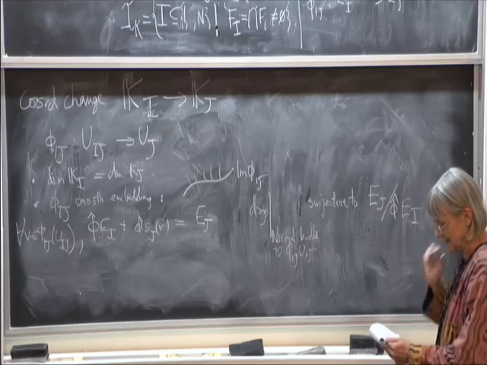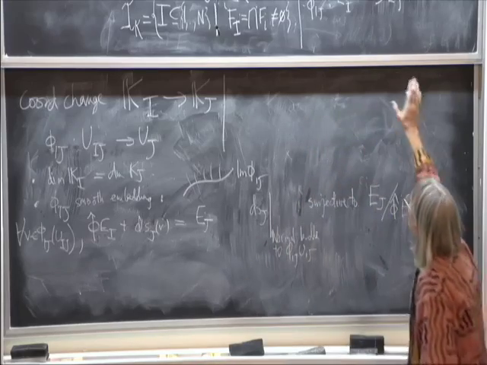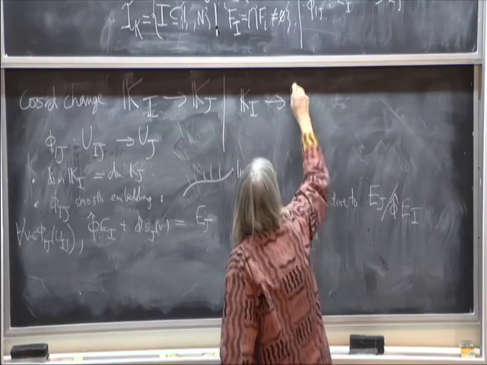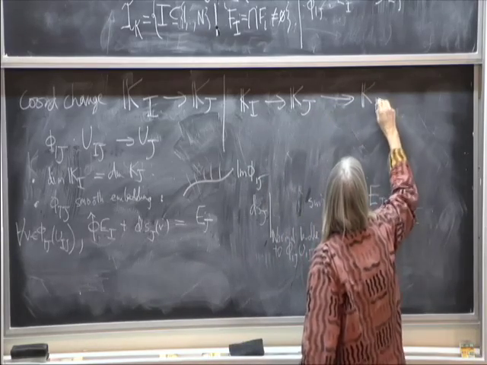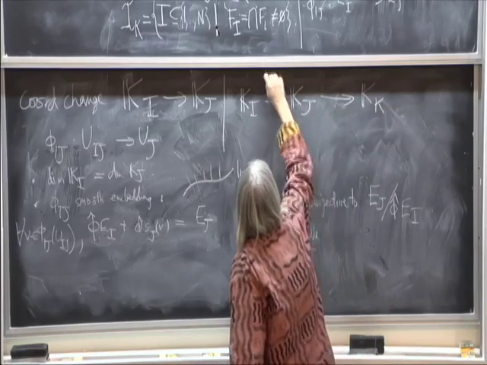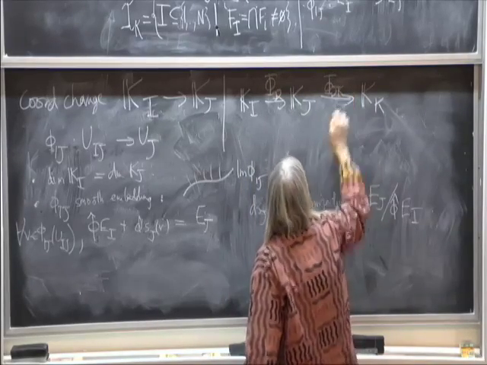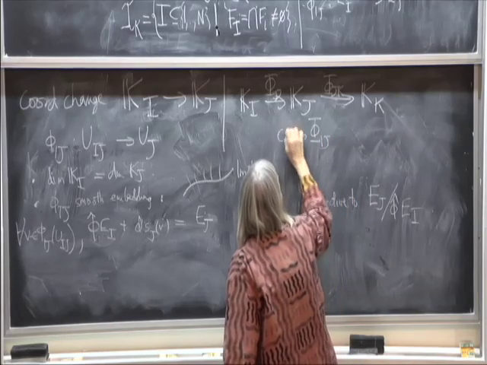Okay, and then there's only one other thing: we have to look at composites. Suppose you've got a map from Ki to Kj, and you've got another coordinate transformation to Kk. So this is phi ij, and this is phi jk. Then you can obviously form a composite.